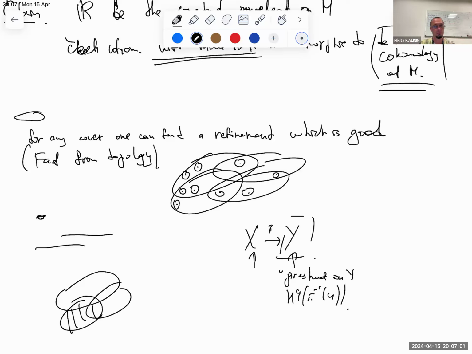Because Čech cohomology is much more concrete. You always work with representatives, so you always have differential forms. But sometimes these differential forms are given not on the whole manifold, but for example, on the intersections. So it's the question how to extend the differential form from the intersection to the whole manifold.